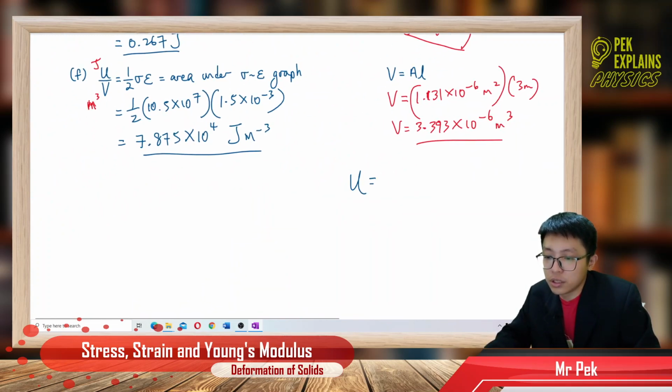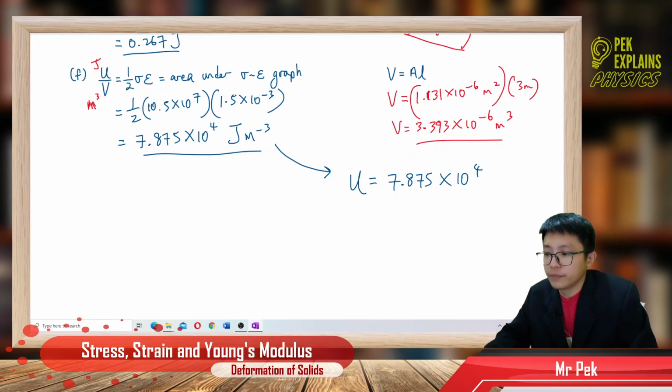So my strain energy is, from here, 7.875 exponent 4.